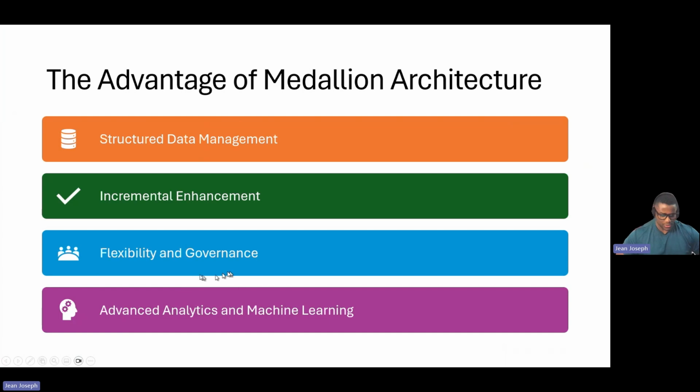But you're probably wondering, for example, what would be the benefit, okay, or the advantage of the Medallion architecture. And guess what? The Medallion architecture offers several advantages. It provides structured data movement, allowing for efficient organization and retrieval of data. It supports incremental enhancement, meaning you can gradually improve and expand your data processing capability over time.